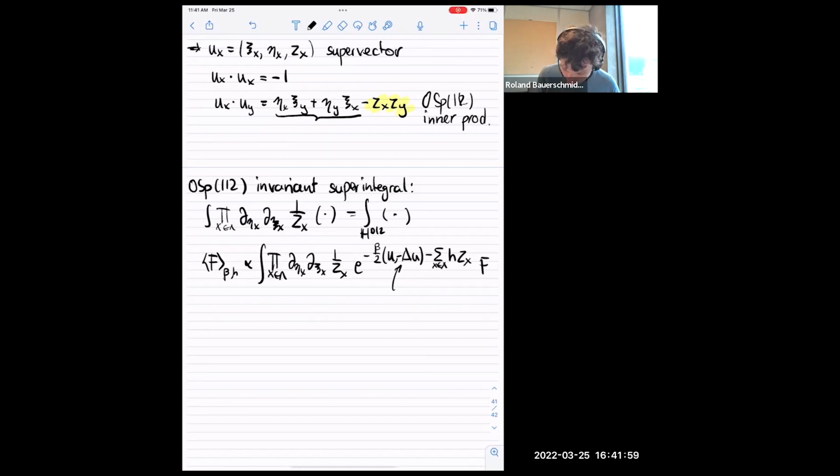And so here all inner products are with respect to the dot from above. So that really means the sum over edges xy of ux minus uy inner product ux dot uy minus ui.